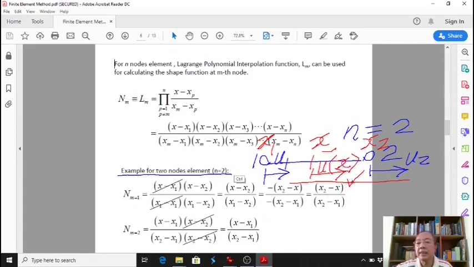From u(x), we can use a polynomial to approximate it, and u(x) for a two-node element is N1(x) multiplied by u1, the nodal displacement, plus N2(x) multiplied by u2, the nodal displacement at node 2.